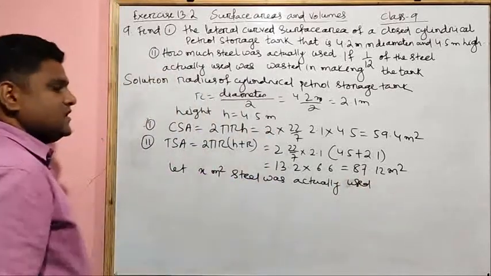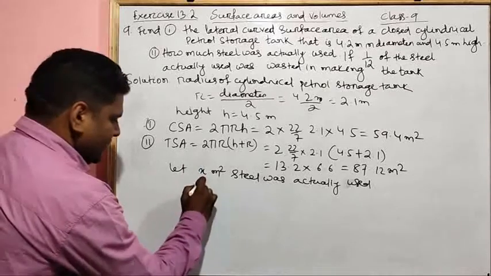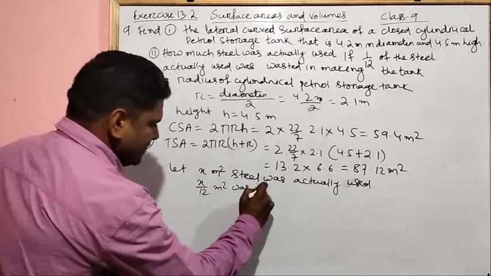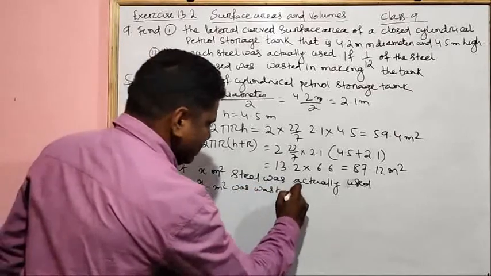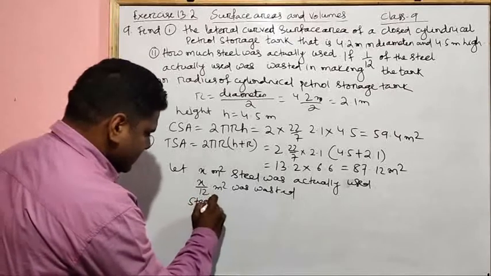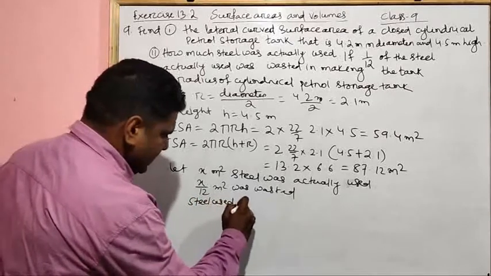One-twelfth of this much is wasted, so x by 12 meter square was wasted. So steel used in the tank.